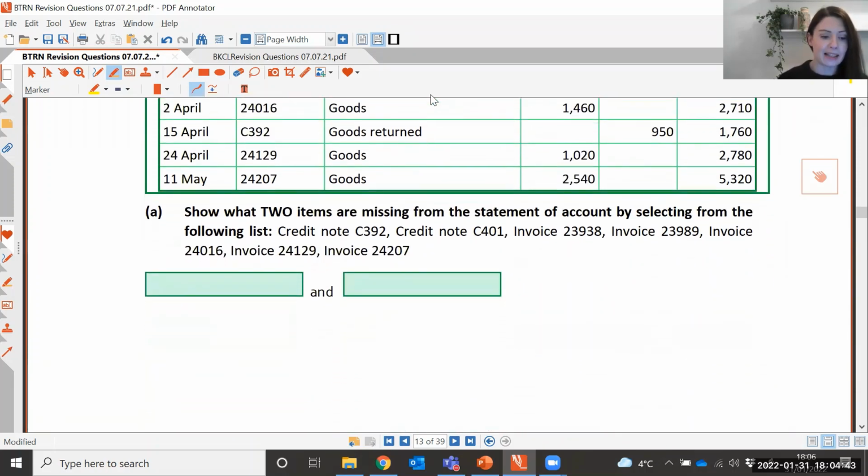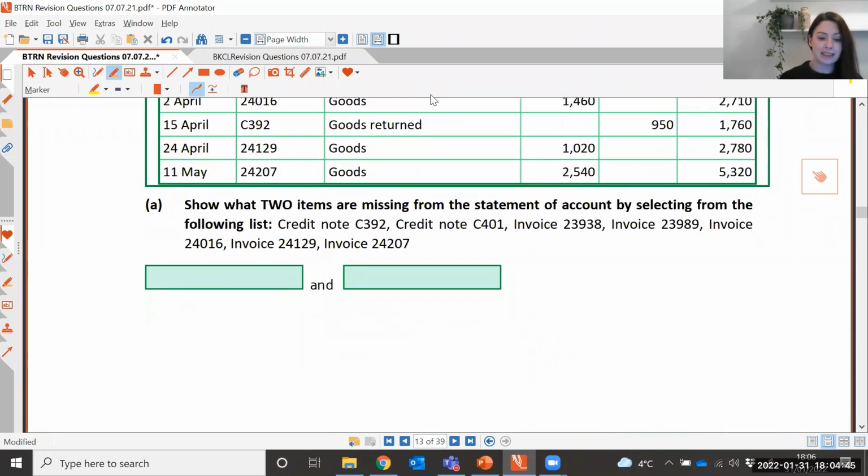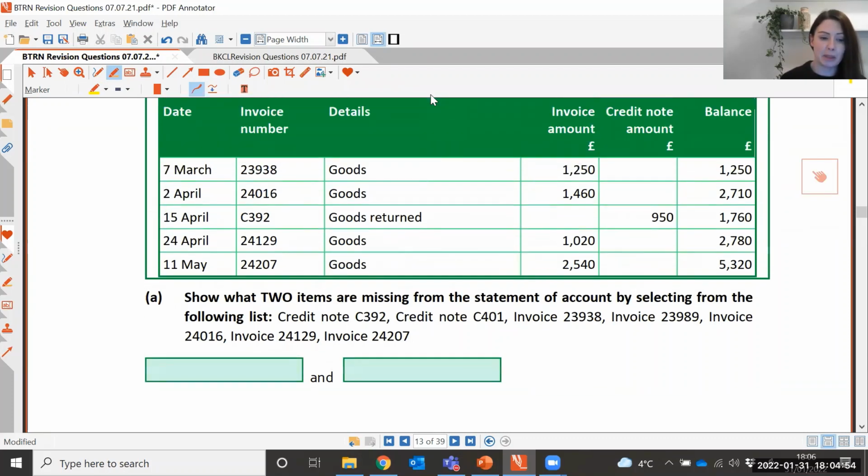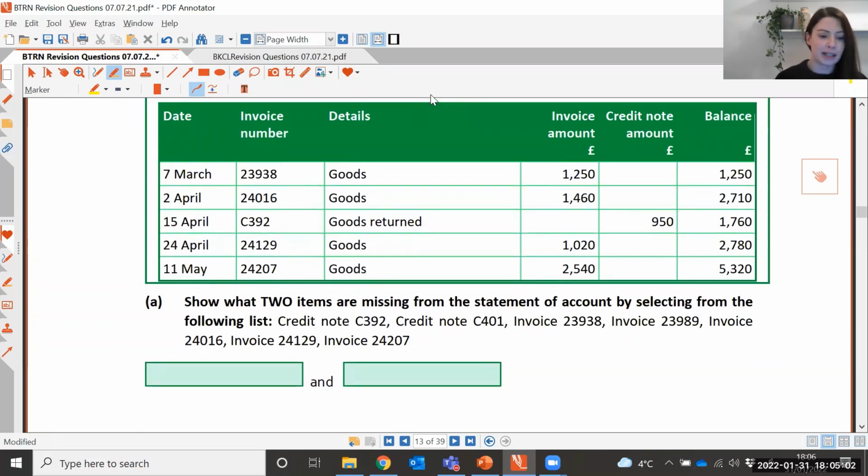And part A, it says show what 2 items are missing from the statement of account by selecting from the following list. So what we need to do is we need to compare the statement of account and the details in which we have in our purchase ledger for this particular supplier. So we do this by matching.